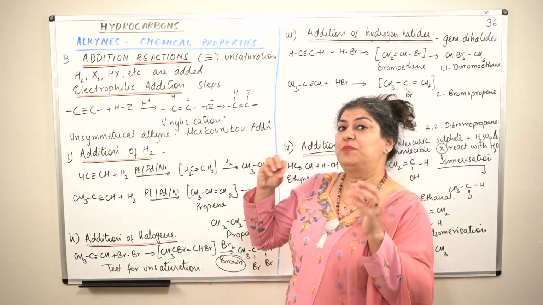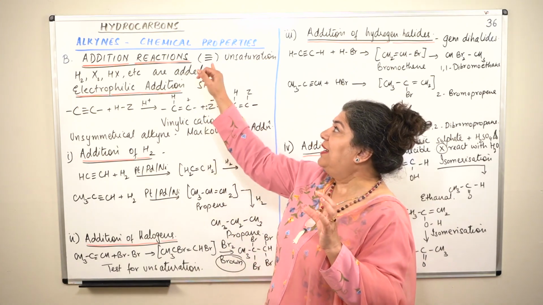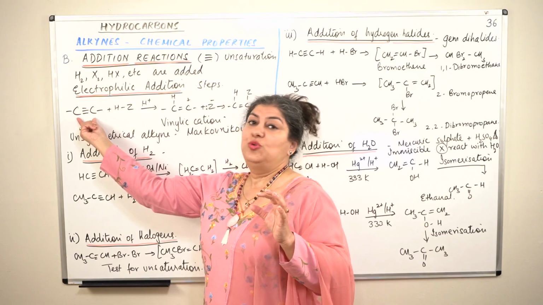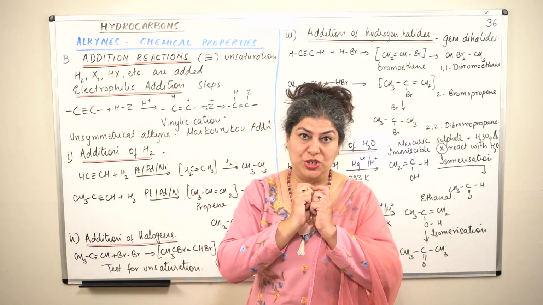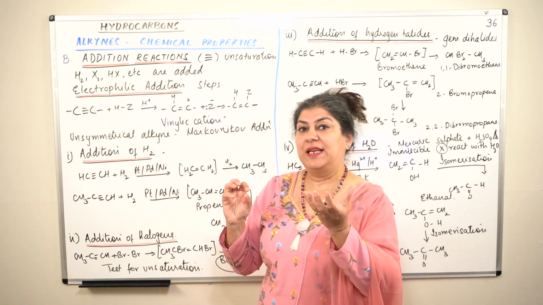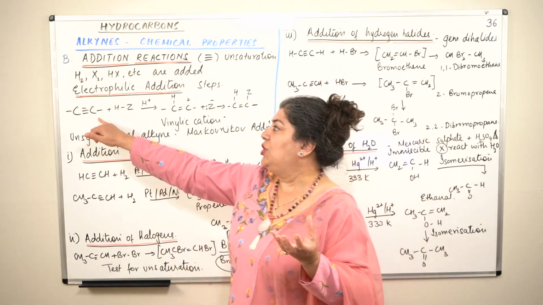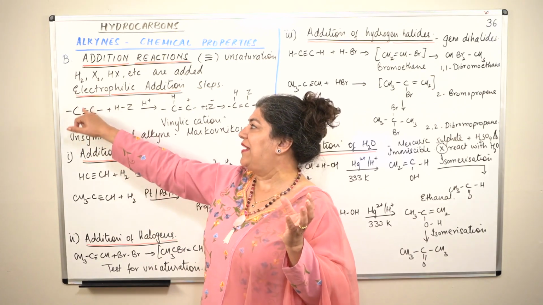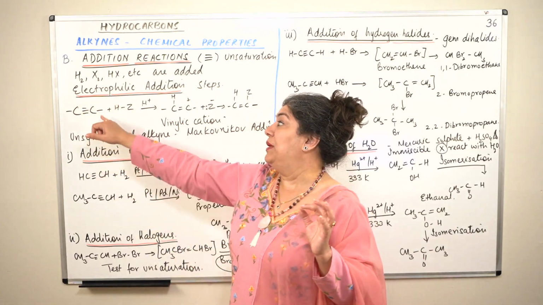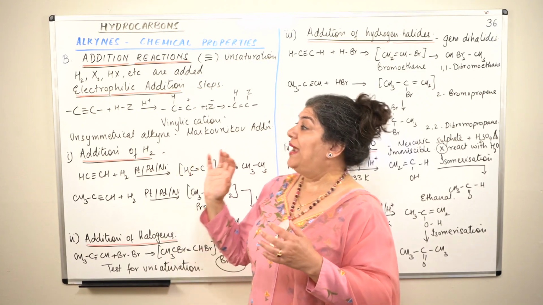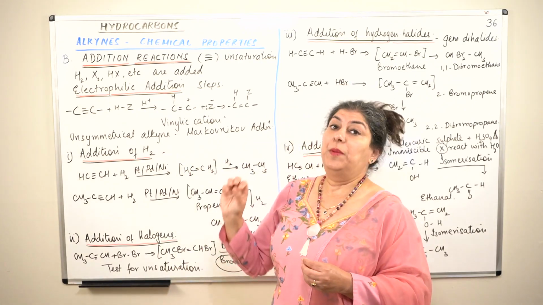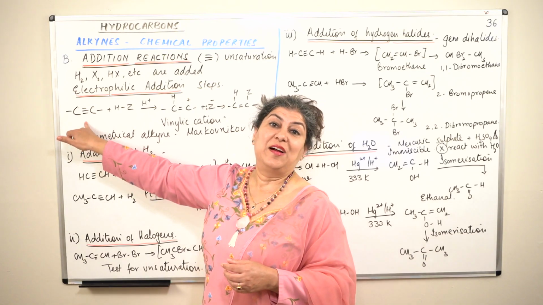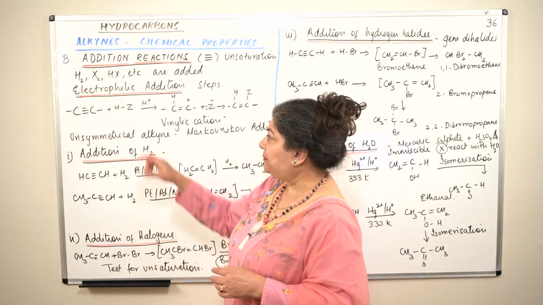When these pi electrons are available, they render a negative character to the two carbons which have the pi bonds. So due to the presence of these negatively charged electrons, a little excess of negative charge is present between the two carbon atoms. So any attacking agent, the positive part of that attacking agent will come and attack the carbon-carbon multiple bond.